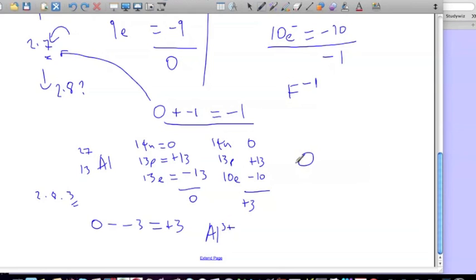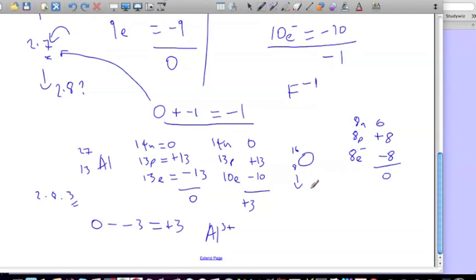Oxygen. Well, oxygen is number 8. It's got 8 protons. It's got 8 neutrons. It's got 8 electrons. 0 plus 8 minus 8. So the atom is neutral.